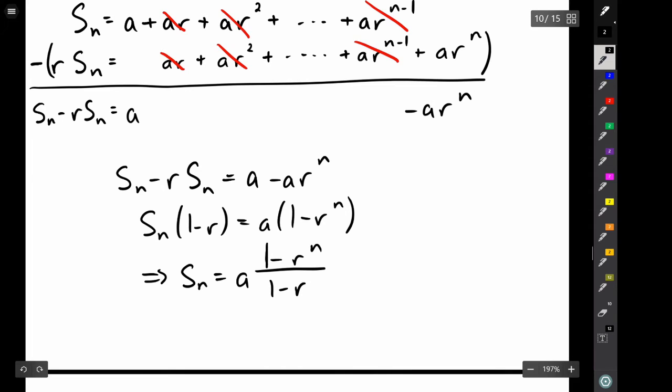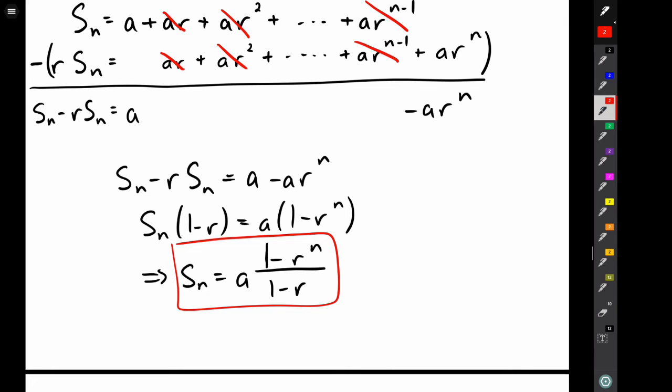And there we have it. We did a clever little manipulation here and figured out what's going on. So this is the partial sum formula.